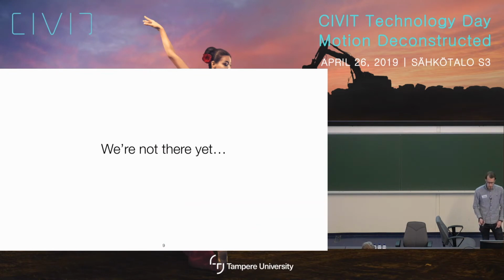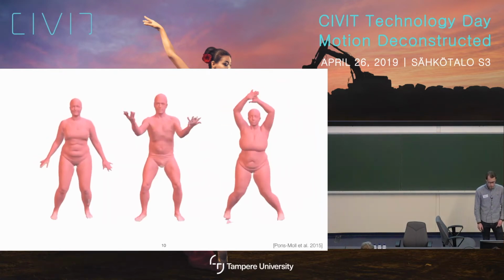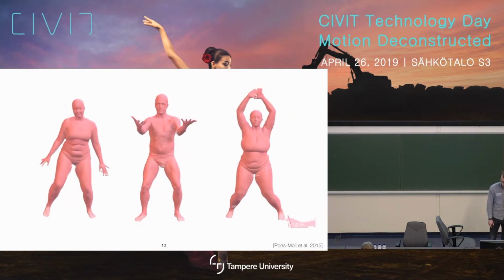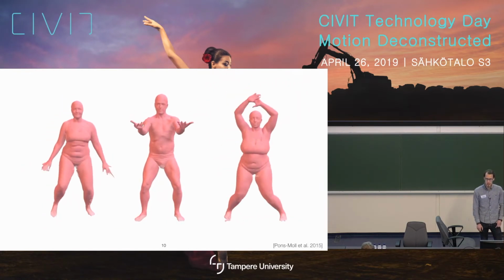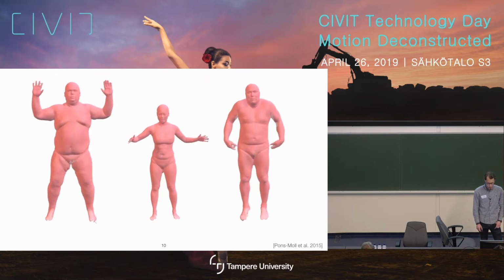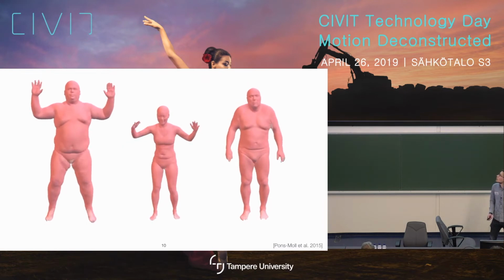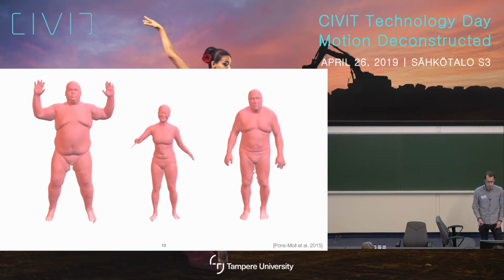There's still a lot of information missing in this sequence compared to what we would actually see in the real world. The reason for this is that humans are quite complex. So here we see something that was missing in the sequence I showed you, and this is something we also want to explain if we want to explain human motion.